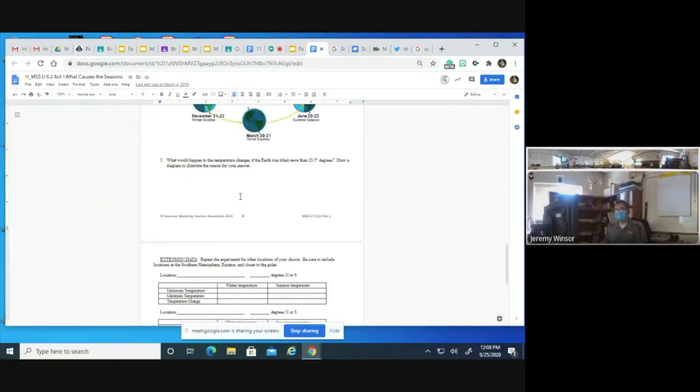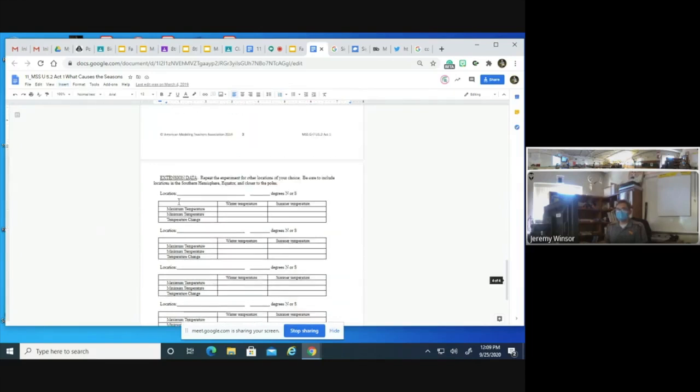And then for number 5, what would happen to the temperature change if the Earth was tilted more than 23.5 degrees? You're going to draw a diagram to illustrate the reason for your answer. So again, remember to do a drawing, I'm going to go Insert, Drawing, and create a new one.